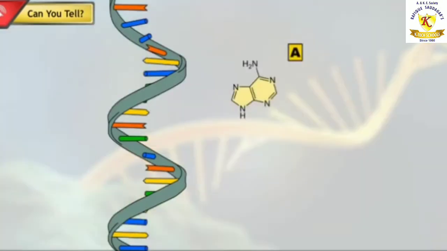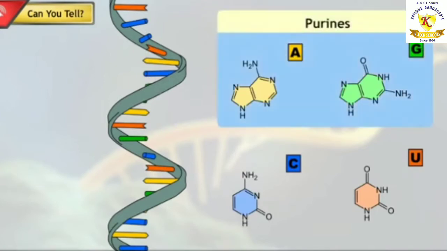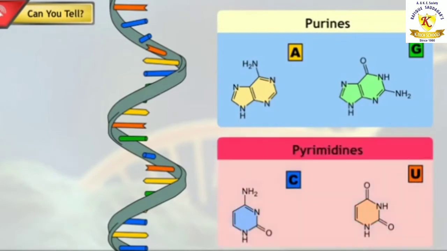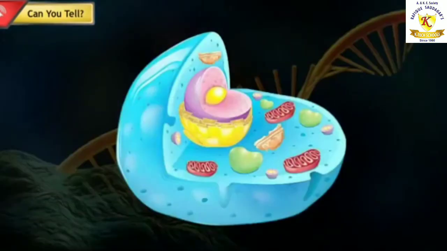Adenine, guanine, cytosine, and uracil are the nitrogenous bases present in RNA. Adenine and guanine are two purines, while cytosine and uracil are two pyrimidines. RNA is found both in nucleus as well as in cytoplasm.